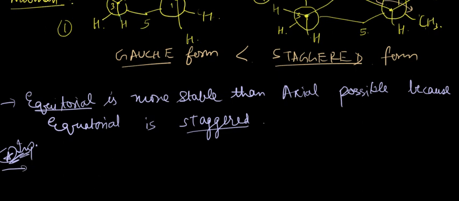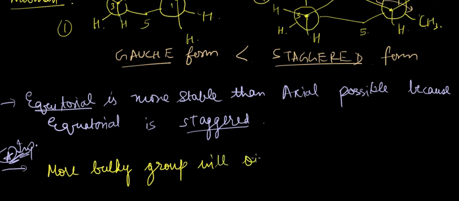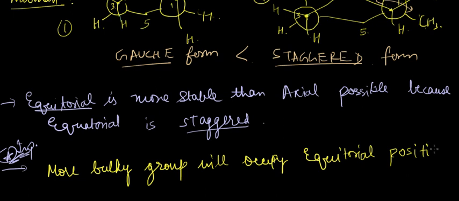Okay, so more bulky group will occupy equatorial position, and obviously the chair form of cyclohexane.